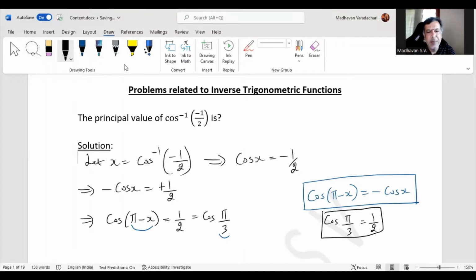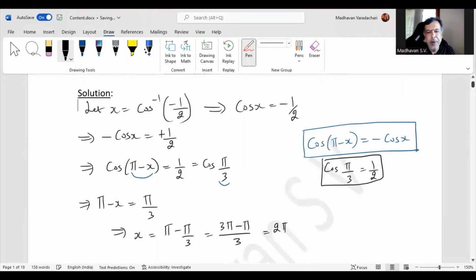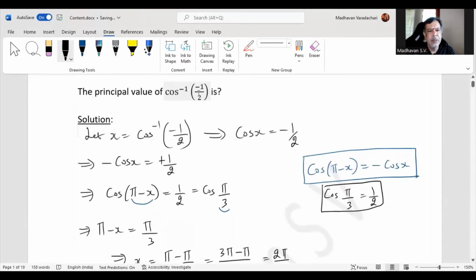That means pi minus x is nothing but pi by 3, or x is nothing but pi minus pi by 3, which is 3 pi minus pi by 3, or 2 pi by 3. So the value of x is 2 pi by 3. X is nothing but the original expression, which is cos inverse of negative 1 by 2.